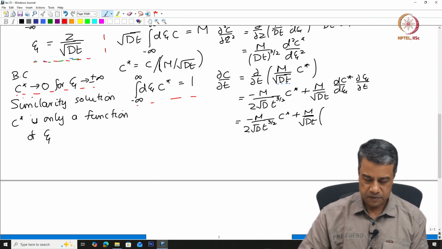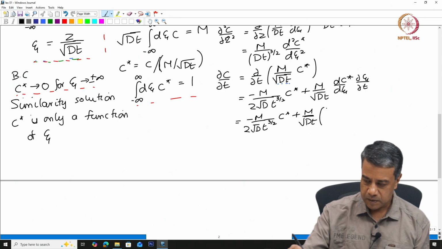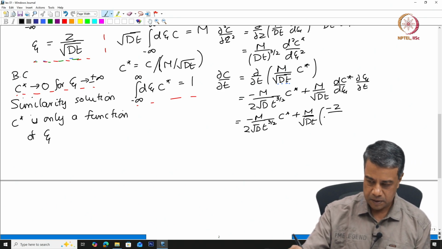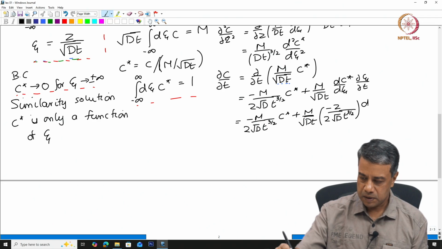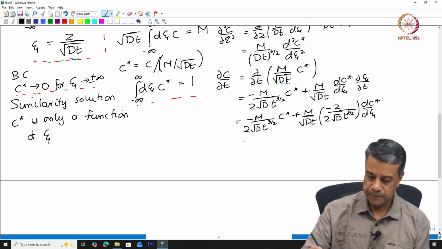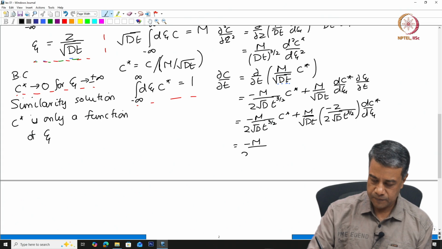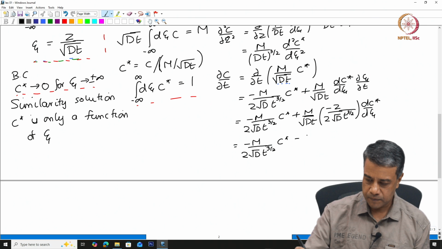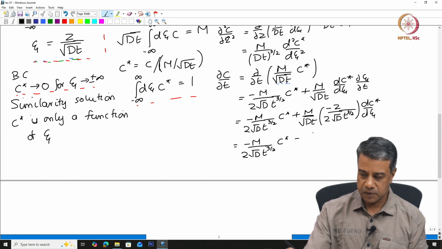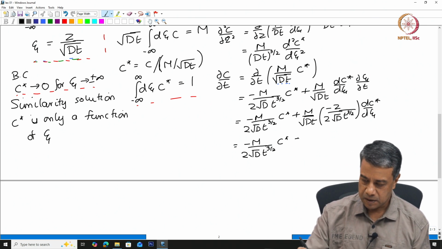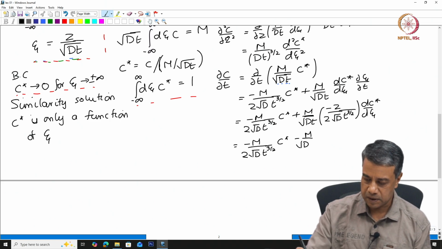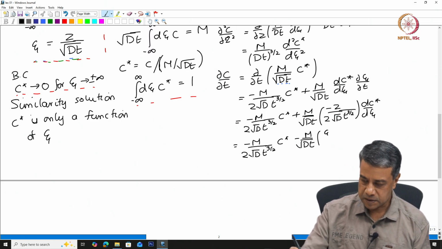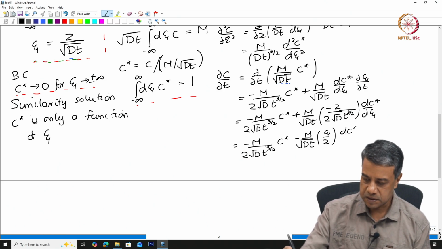This gives me minus z by 2 root D t power 3 by 2 into dC star by d psi, and z by root D t is equal to psi. So, I will get minus m by root D t into psi by 2 dC star by d psi.